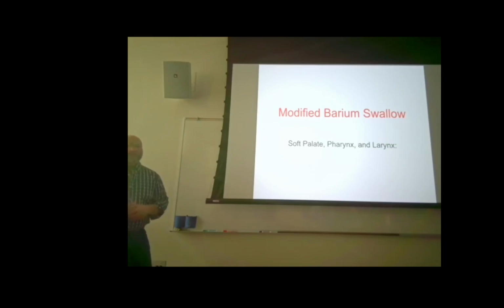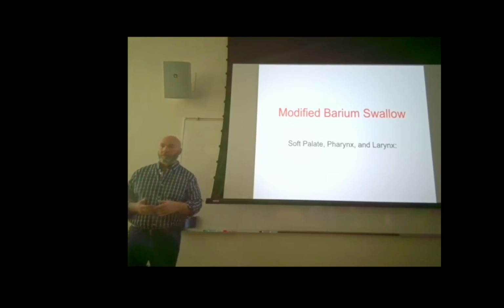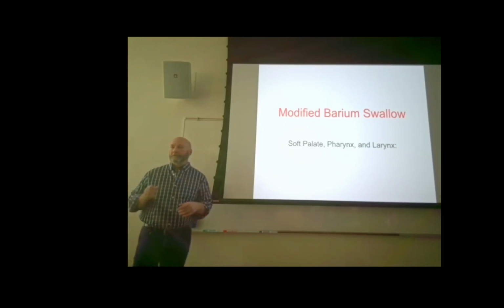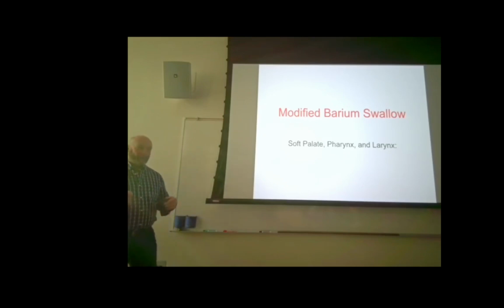A modified barium swallow usually involves a patient who has had a stroke or some sort of head injury, or for whatever reason has lost their ability to swallow well. What we're trying to figure out is what consistency of food or drink the patient can have without choking on it.